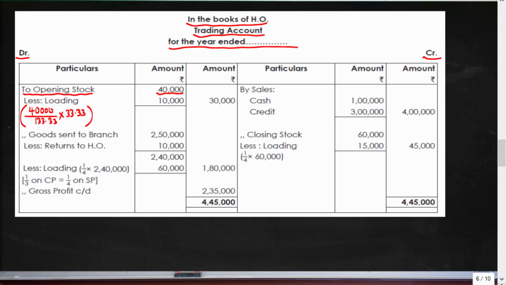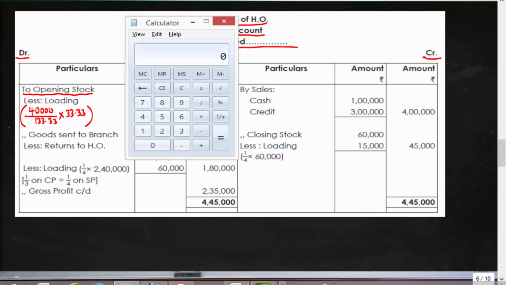Let's calculate 40,000 divided by 133.333, multiplied by 33.33. This gives the profit margin that is loaded, which works out to 9,999.99. Rounding off, we can say 10,000. Now let me simplify this.